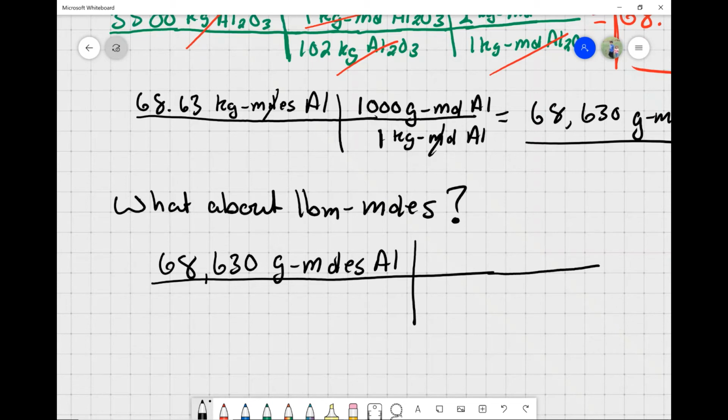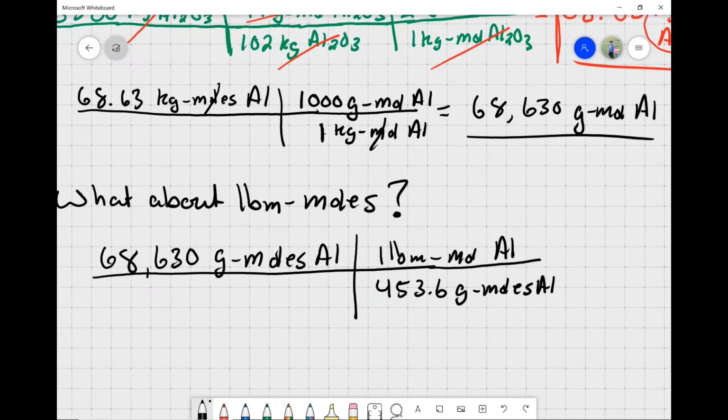And there are 453.6, so it's just a conversion from grams to pounds, in one pound mole of alumina.